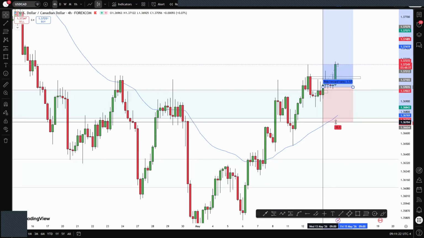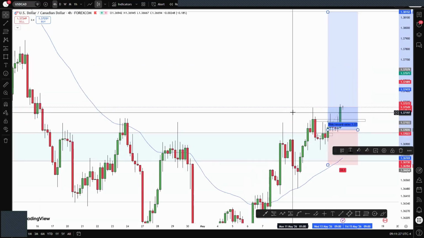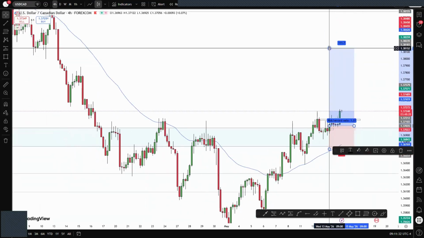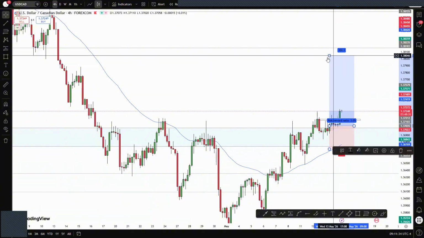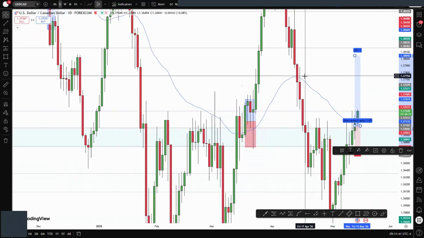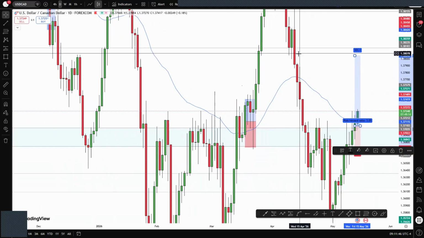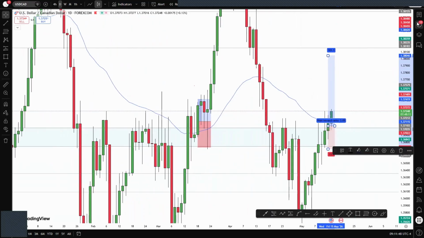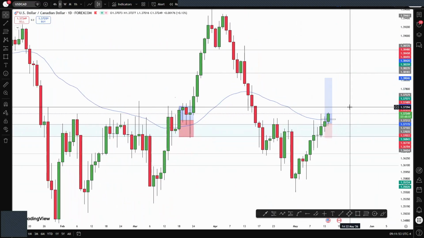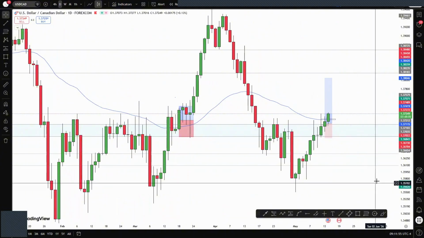Even though it's just a bit stretched, it's still fine. This just means that I have to wait a bit longer in terms of coming out of my trade. So instead of me coming out at this level, I may wait until price is at this zone here. So that's the entry we got, and that's the trade we are in right now.